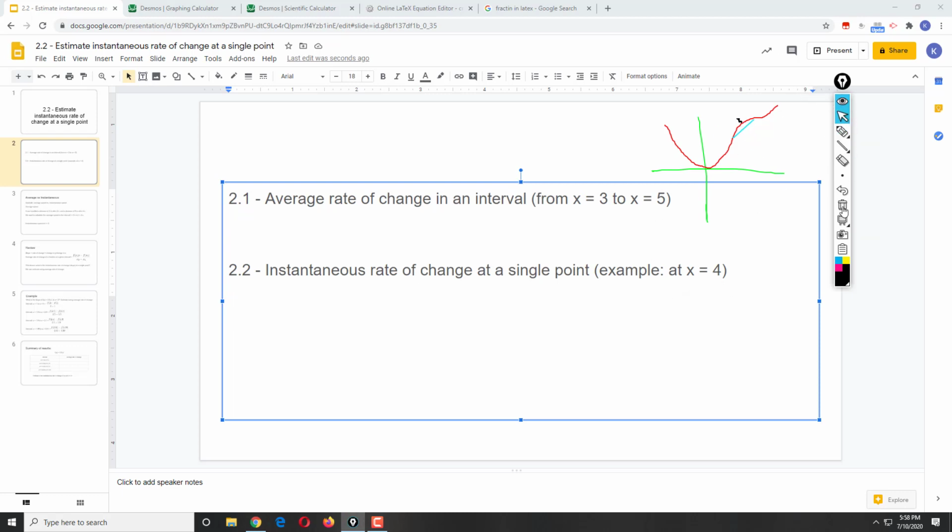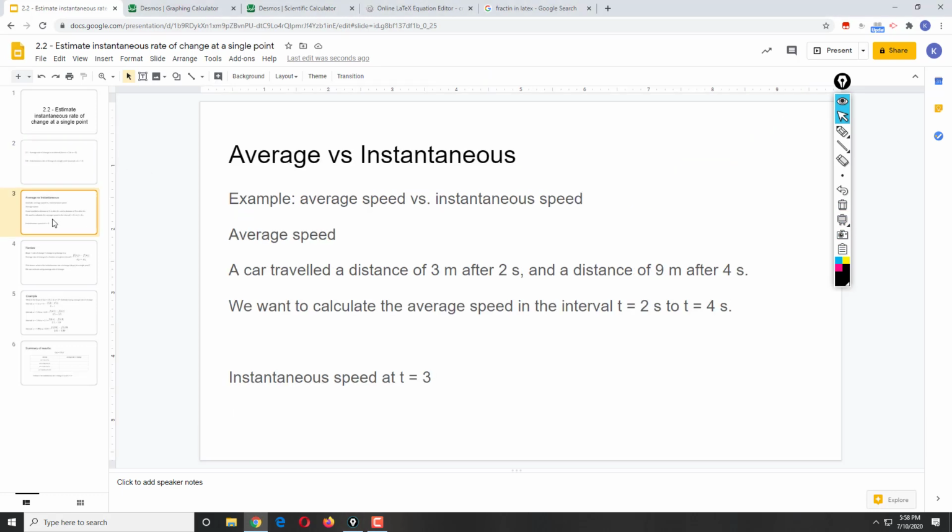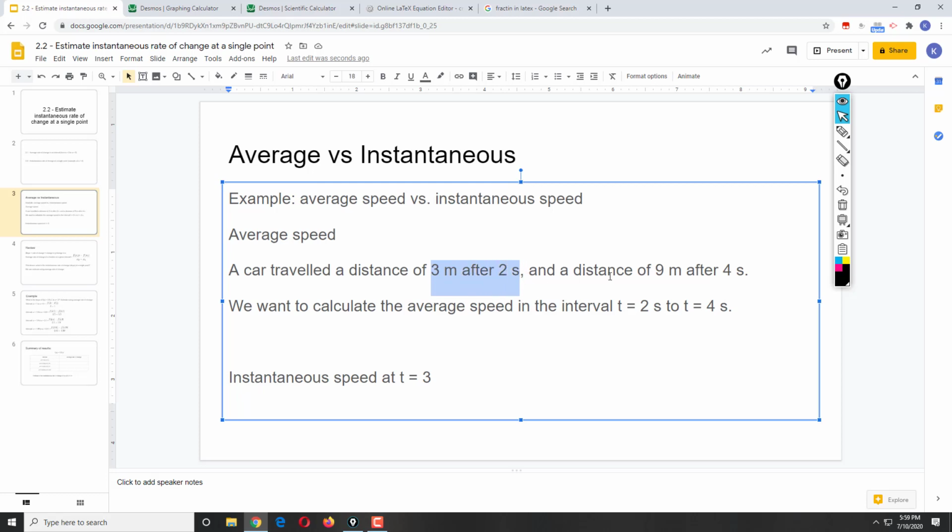All right. So what's the difference between average and instantaneous? For example, if a car has traveled a distance of 3 meters after 2 seconds and a distance of 9 meters after 4 seconds, we can find the average speed during that interval from 2 seconds to 4 seconds. To find the average speed, that's like the last lesson.